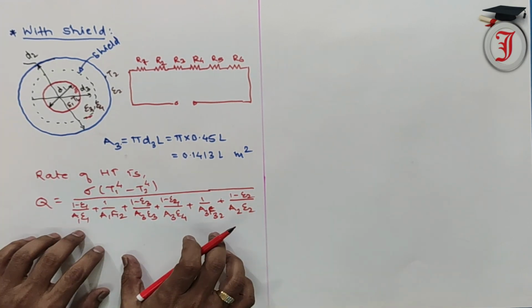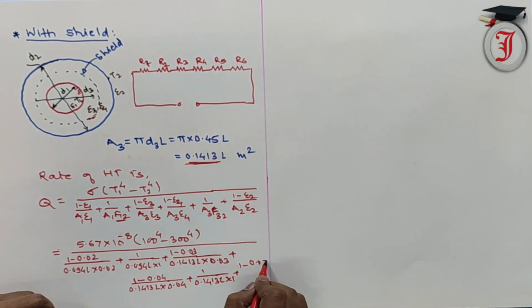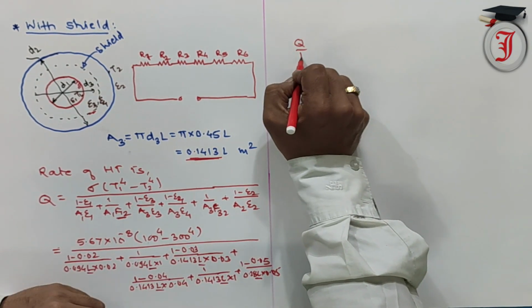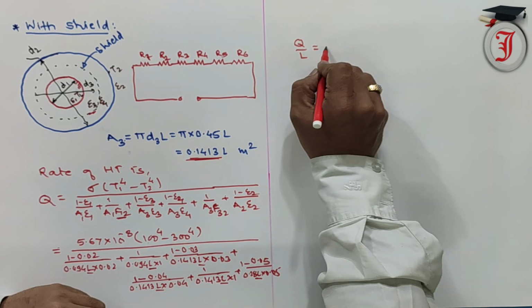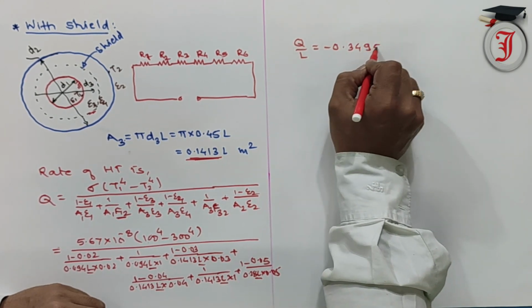Let us put all the values and calculate the rate of heat transfer. After calculation, we get Q by L equal to minus 0.3495 watt per meter.